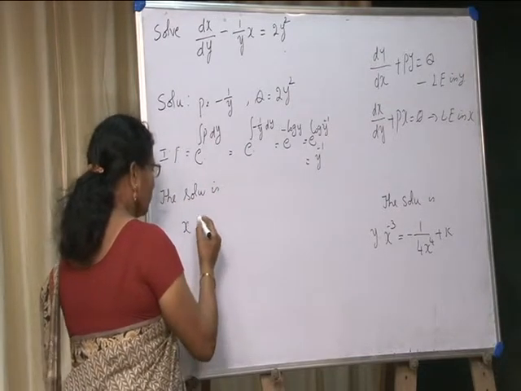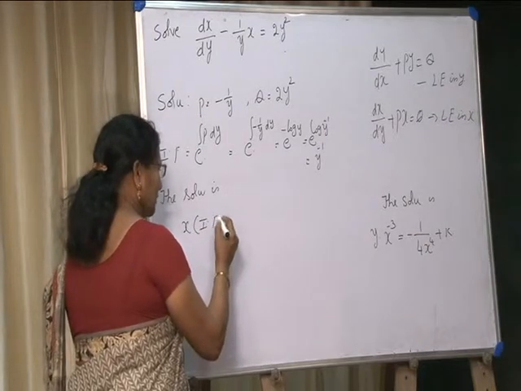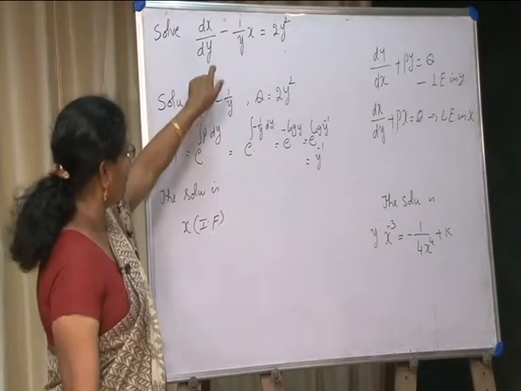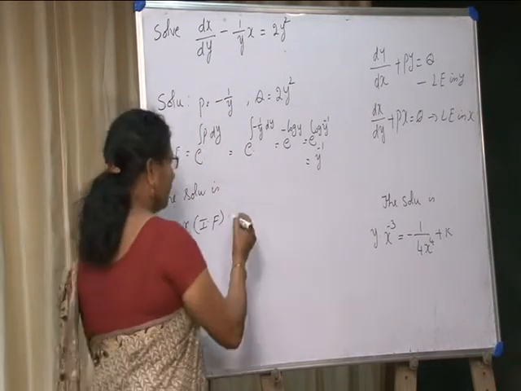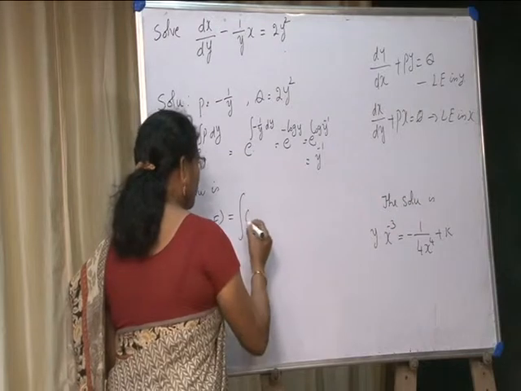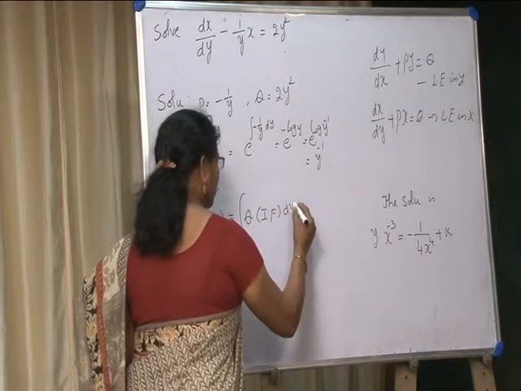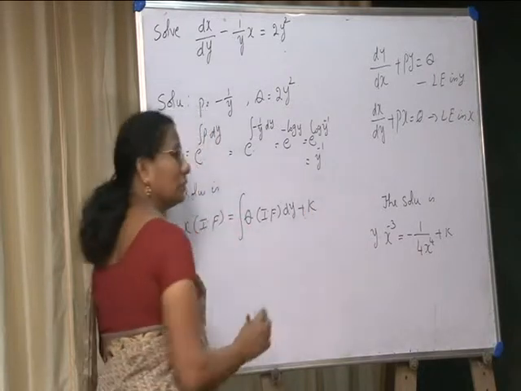x into the integrating factor. See, the solution is y into the integrating factor, but according to this problem x into the integrating factor is equal to integral of q into the integrating factor with respect to y plus k, not with respect to x.